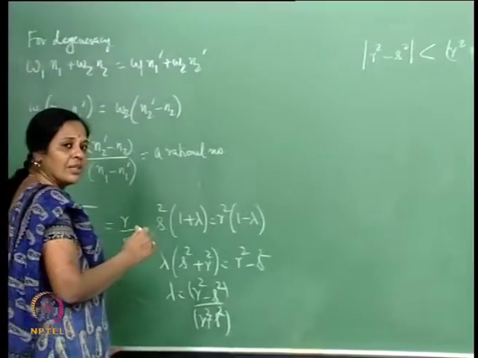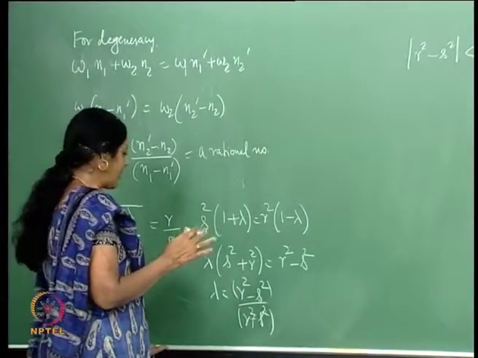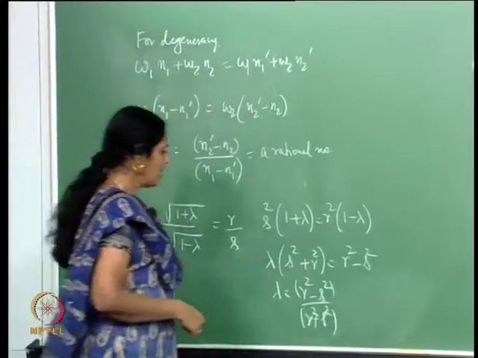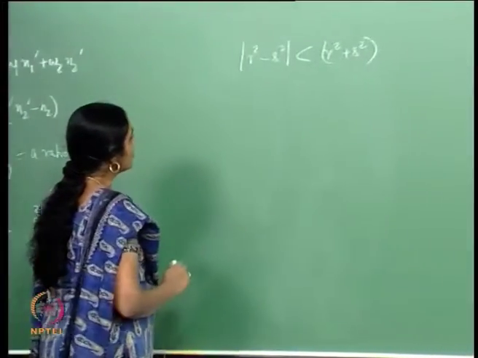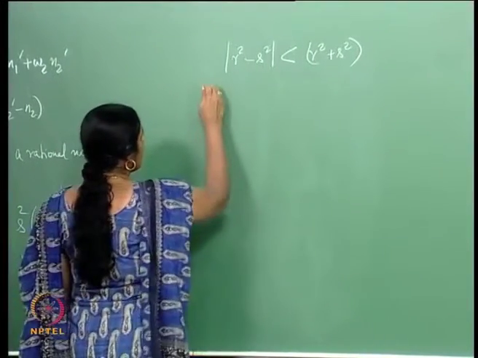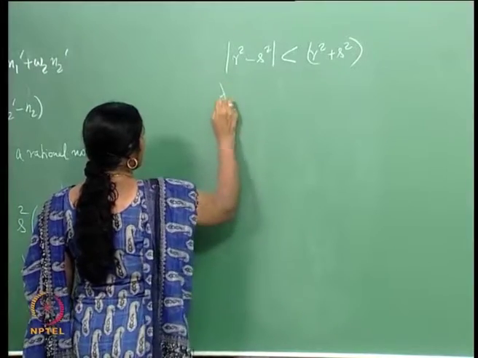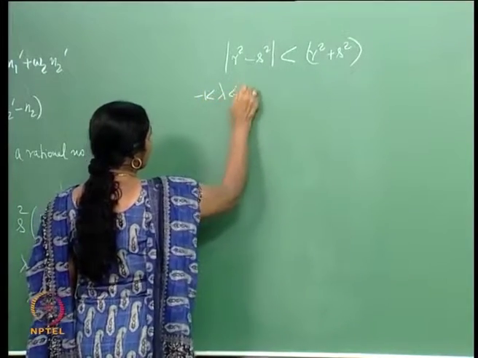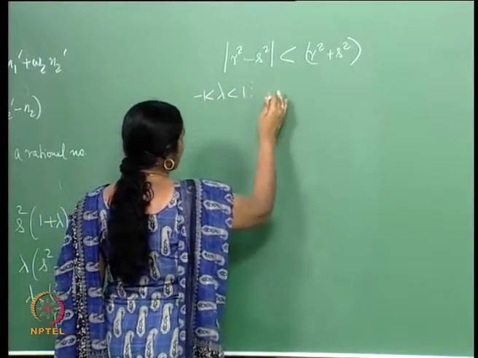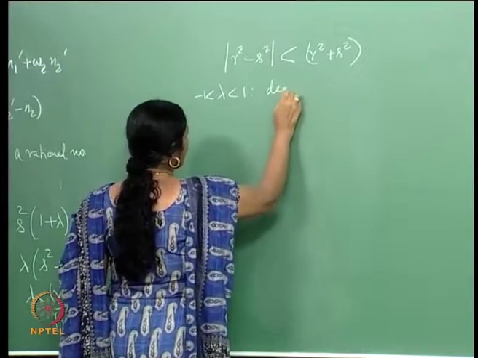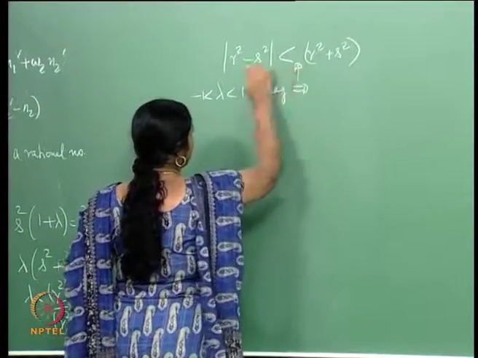In this problem, the degeneracy is not a generic feature, it happens only sometimes. What are the important lessons that one learns from this? First of all, of course, minus 1 less than lambda less than 1 is the allowed range, and degeneracy implies this.